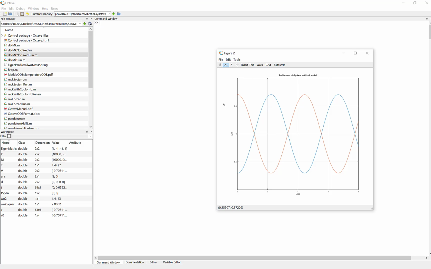And what I'd like to show is that the natural frequency that is given here is 2 radians per second. The way we get the natural frequency is we look at the period. So I clicked on my zoom, and then I can look at this little peak right here.